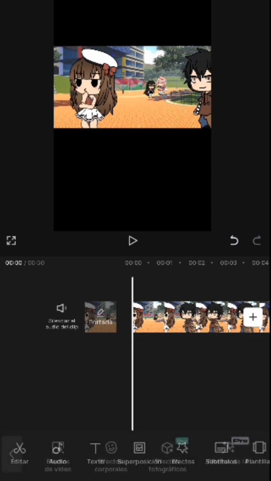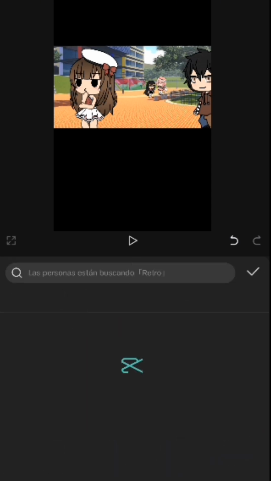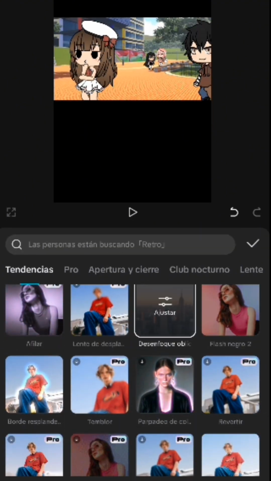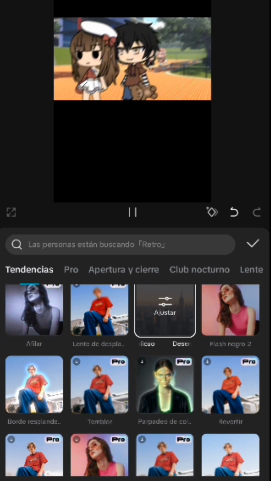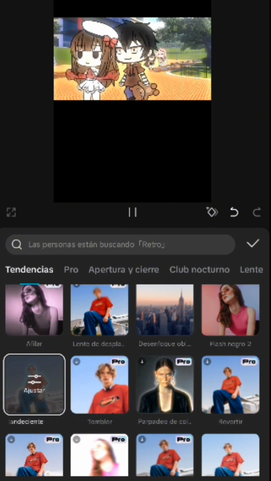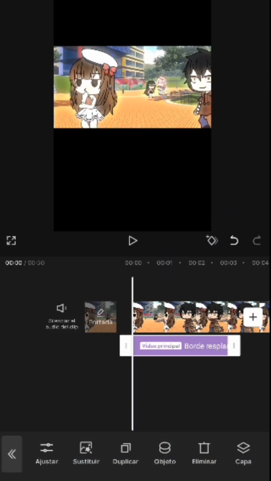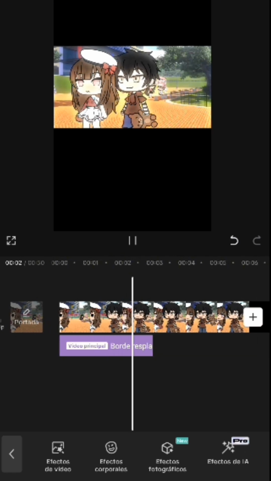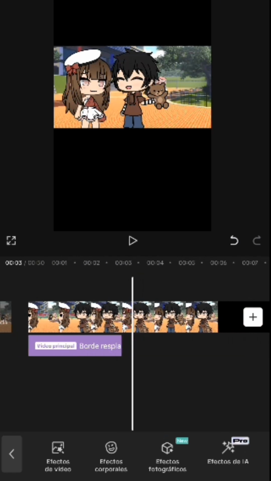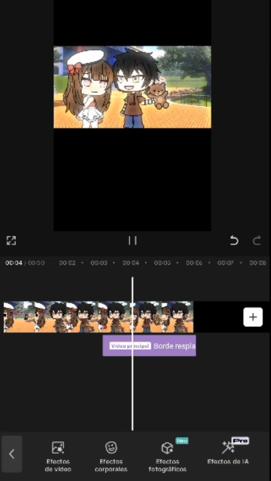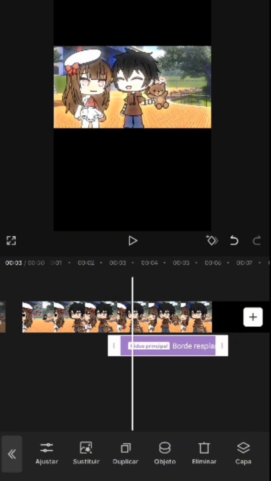You can also add effects to it. For example, right here, you go to effects and you add effects. If you're going to be adding effects, I prefer to add the effects, export it again, and then add the text, which is the words of what the characters are saying, because from how I've done it, the effects will kind of go over the words as well, especially if you do the words before the effects.